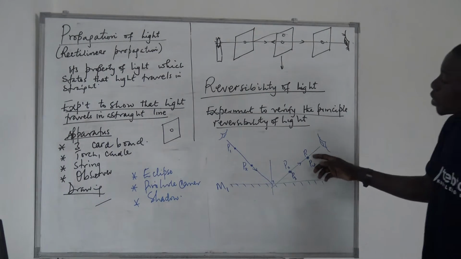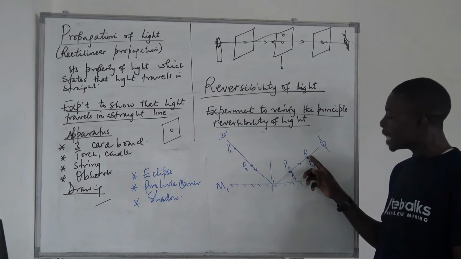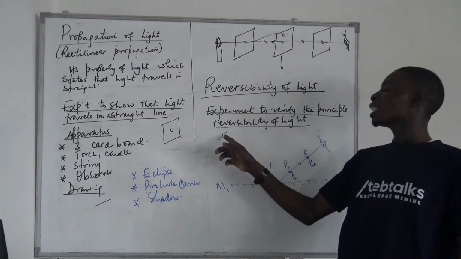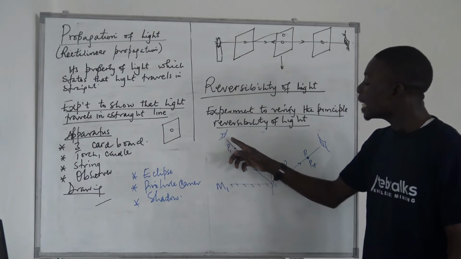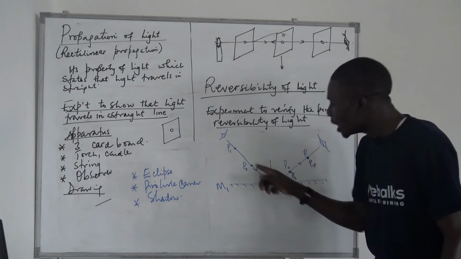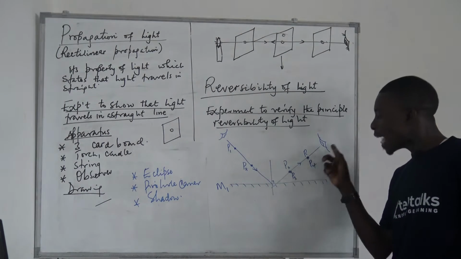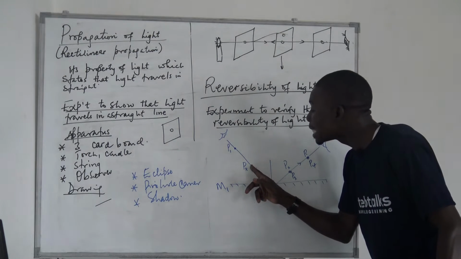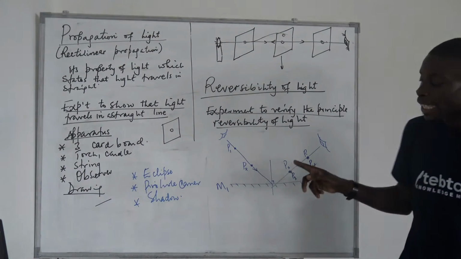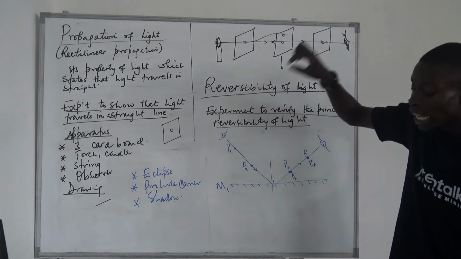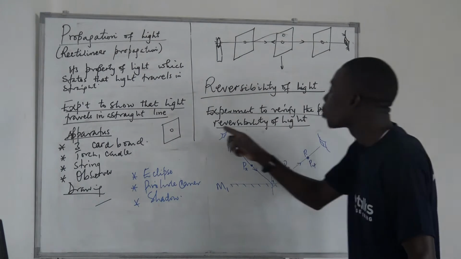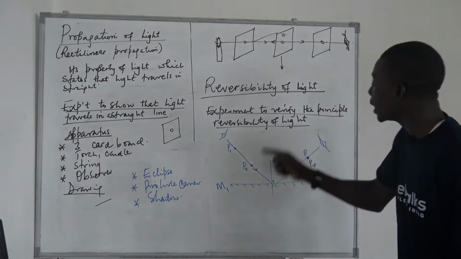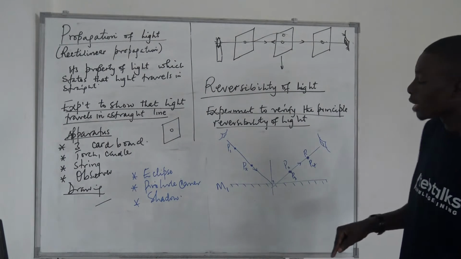It is very true that when you now put pins here and here, and you are seeing from the other side, you will realize that the pins you put, to be in line with this one you have already put, will still be placed at the same position as for the first one. And that shows that you are reversing the position of the pins, still you're putting them in the same position.